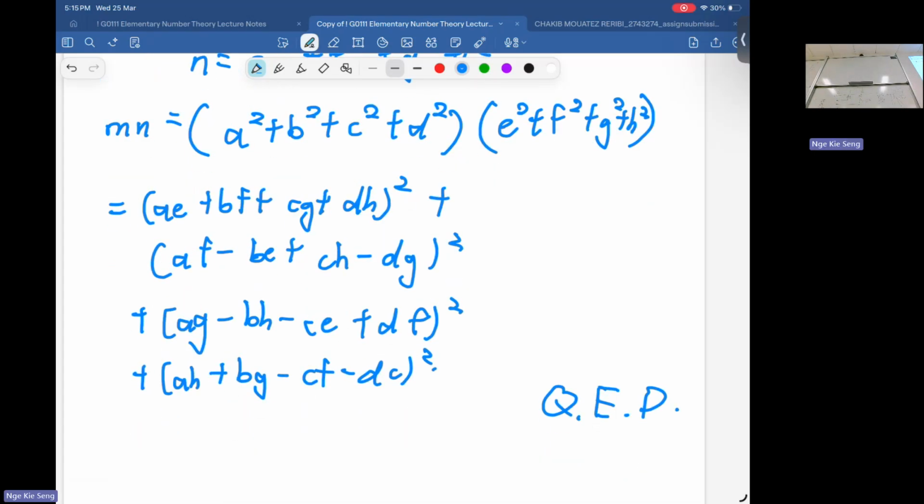So you see ae, af, ag, and ah appear. And then b will also combine with all of e, f, g, h again, similarly for c and d. And then there's an alternating sign happening here. It seems that there's a rule governing this sign.